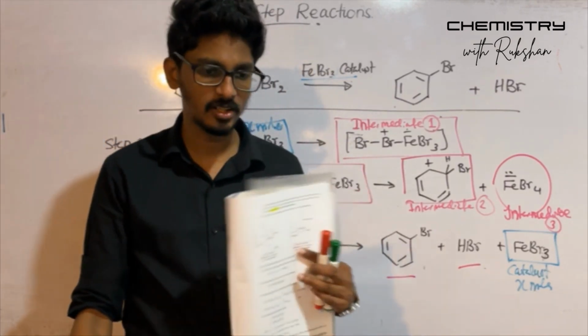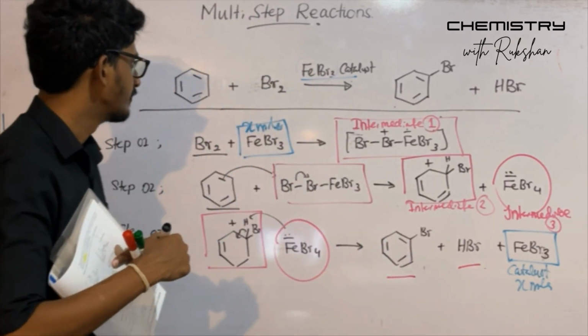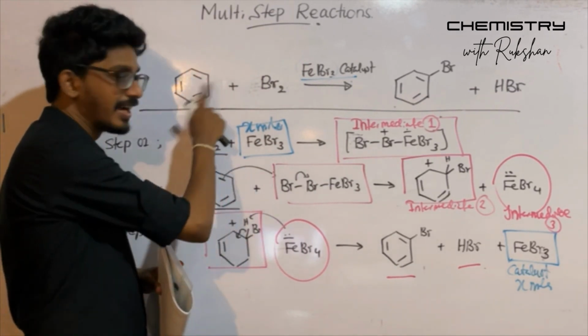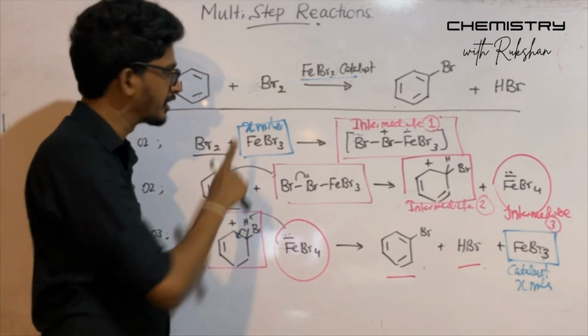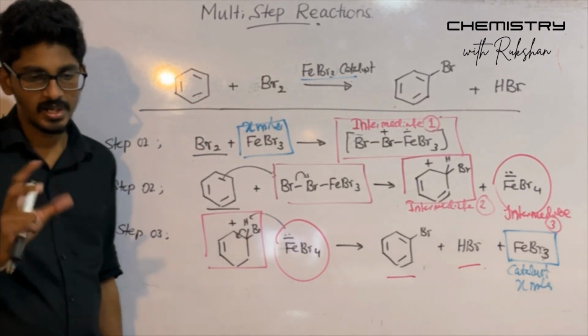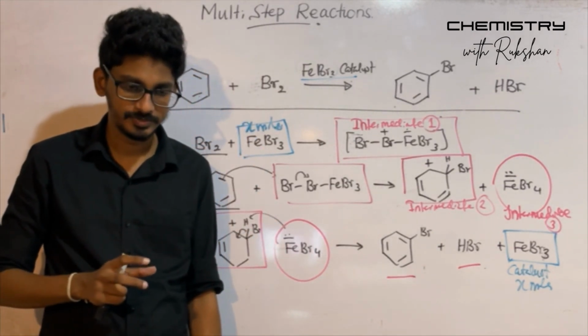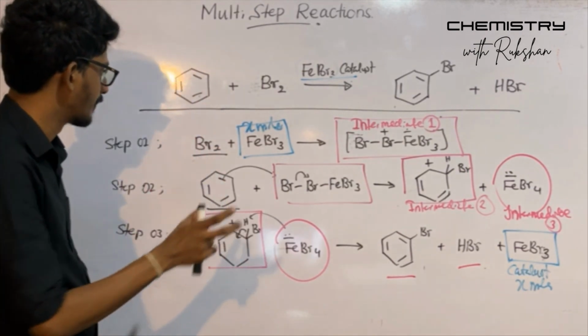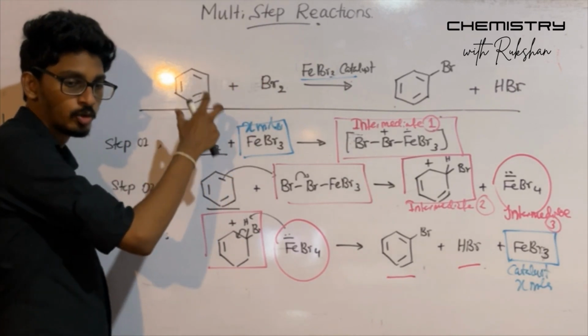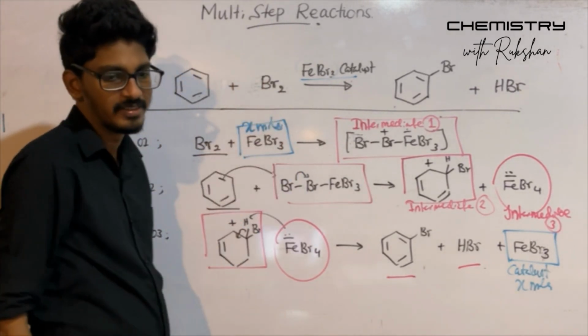Because in the rate law, we come up with only the concentrations of the reactants. Rate is equal to k times the concentration of the reactants with their orders.